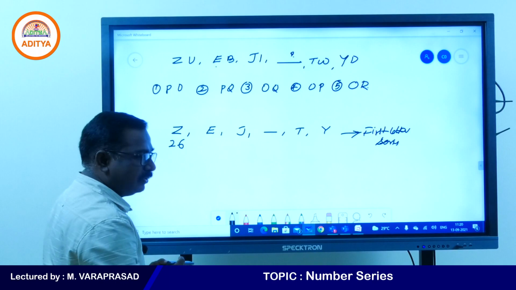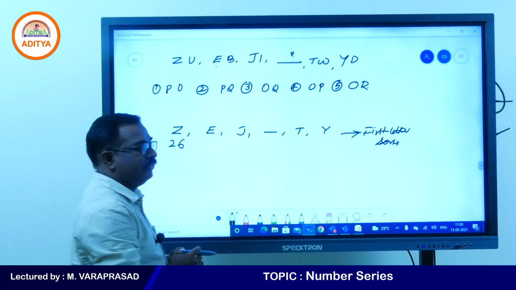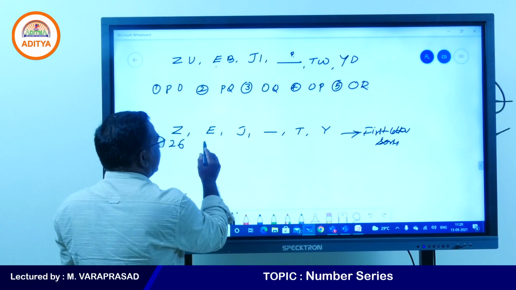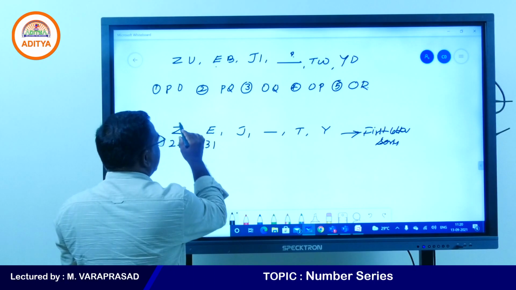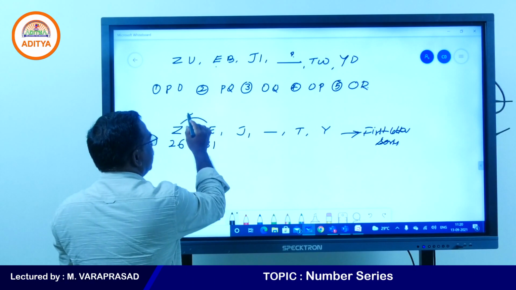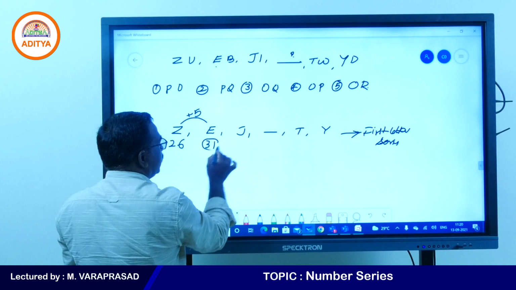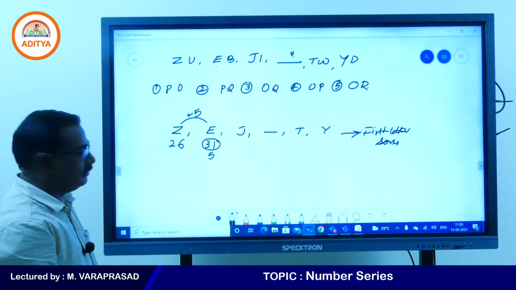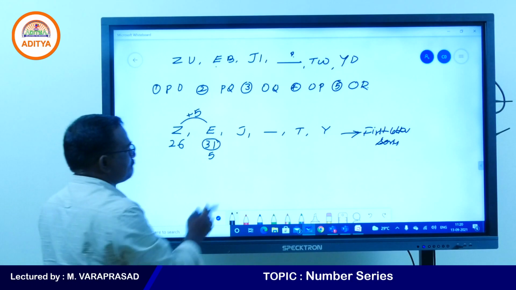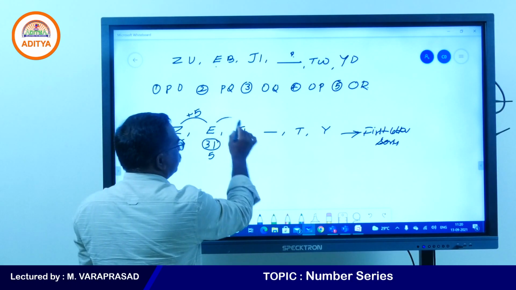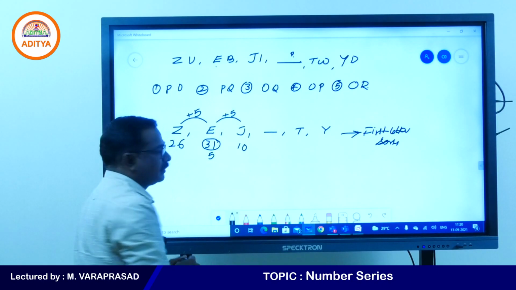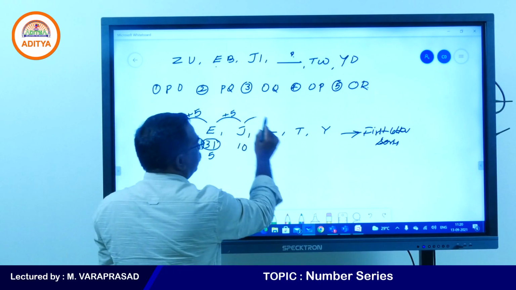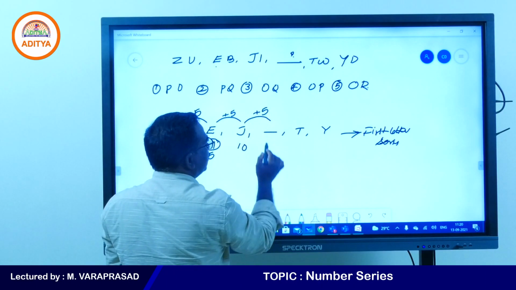My students, what is the first letter series? If we take 31st letter, we can take here 26 plus 5. So plus 5, we can take 31 or the 5th letter. Yes, plus 5. 10th letter plus 5. So if you take plus 5 again, you will get the 15th letter.